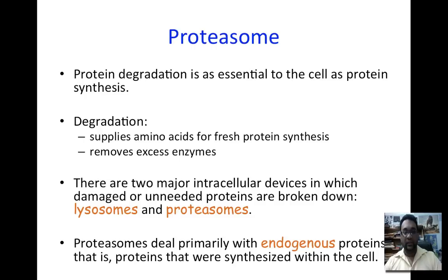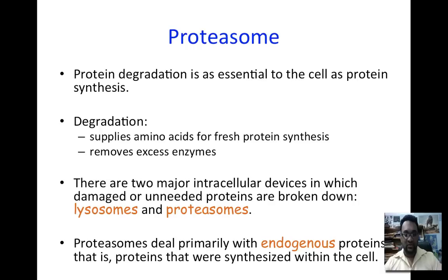All right. Now, another organelle that is responsible for protein degradation is the proteasome. Why is degradation important? Degradation supplies amino acids for fresh protein synthesis, as well as it removes excess enzymes. There are two major intracellular devices in which damaged or unneeded proteins are broken down.